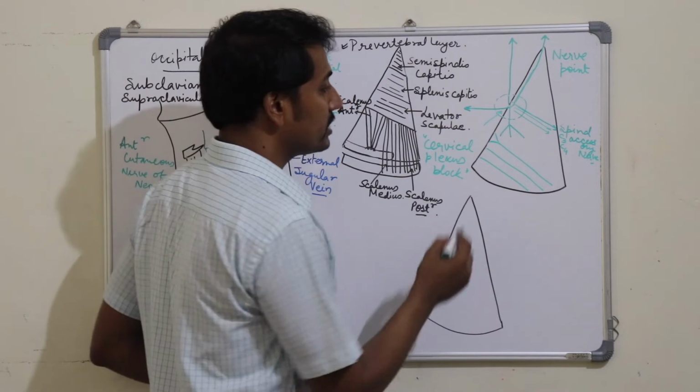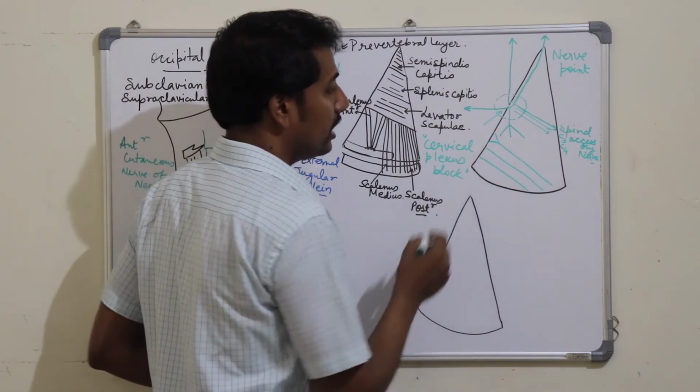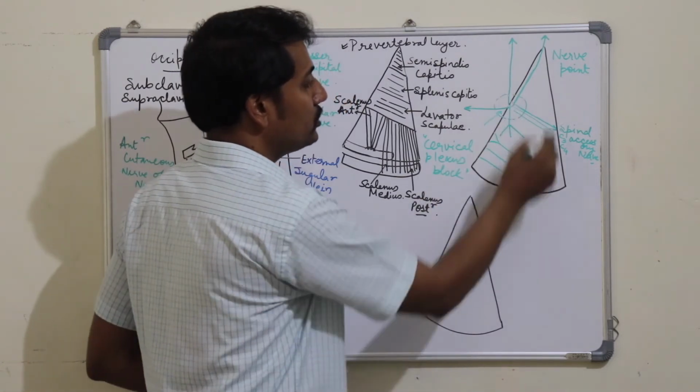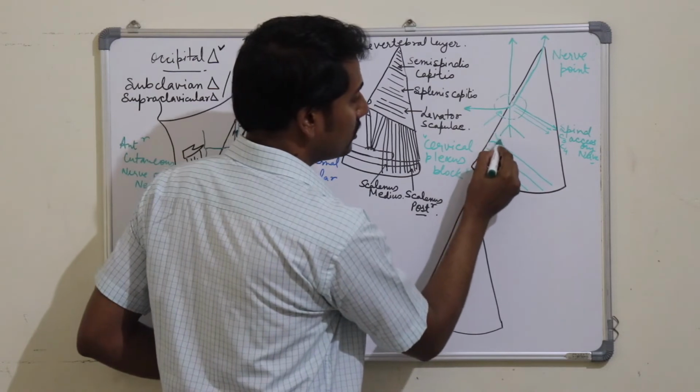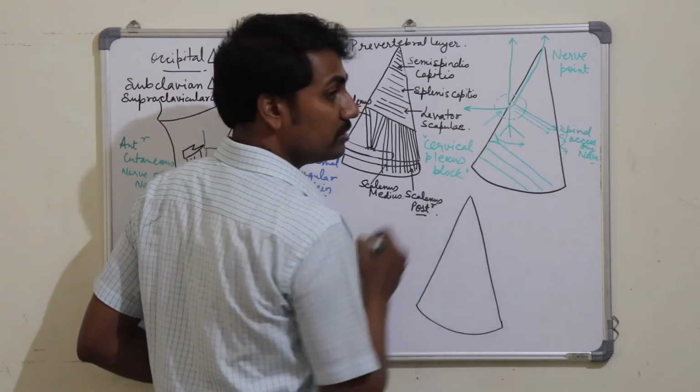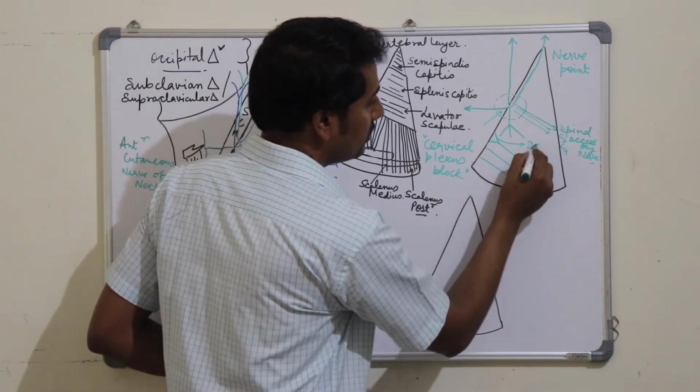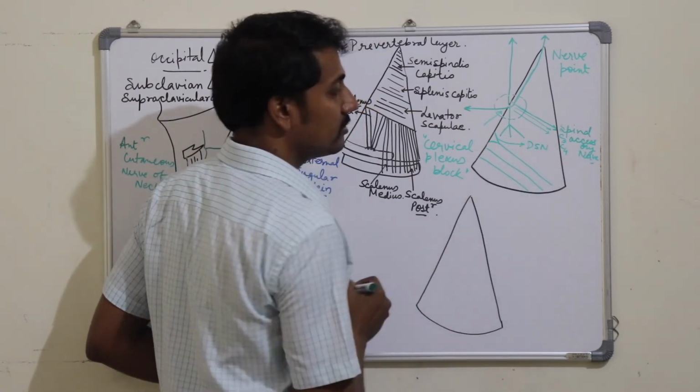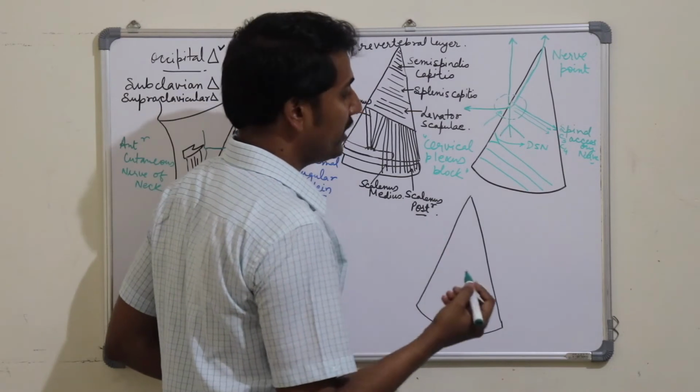The branches of the cervical part of the brachial plexus are also the contents of the posterior triangle. That is the dorsal scapular nerve, which arises from the C5 root. So this was the dorsal scapular nerve, or the nerve to rhomboideus.